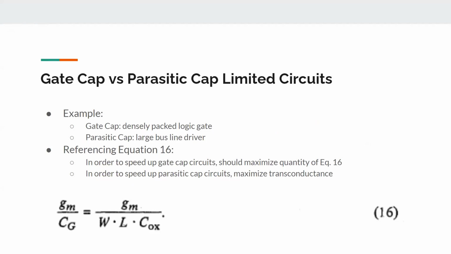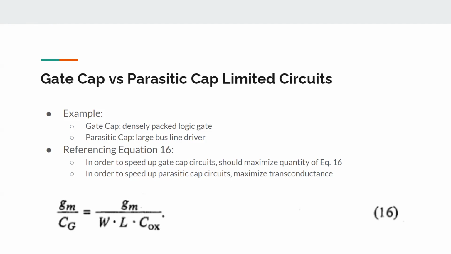To compare the two, an example of a gate capacitance limited circuit, whose load capacitance is dominated by a gate dielectric capacitance, is a densely packed logic gate. An example of a circuit whose load capacitance is dominated by parasitic capacitance, other than gate dielectric capacitance, is a large bus line driver.